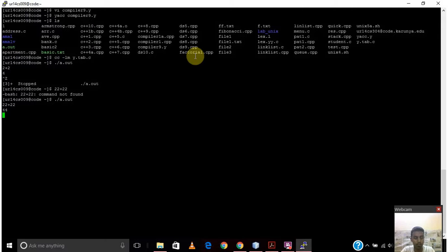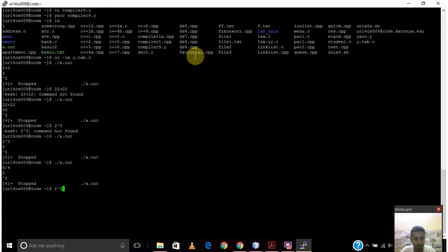Now for exponential, say 2 exponential 3, the expected answer should be 8. Now moving to the multiplication or division part, say some easy values like 8 divided by 4. So 2 is the answer.